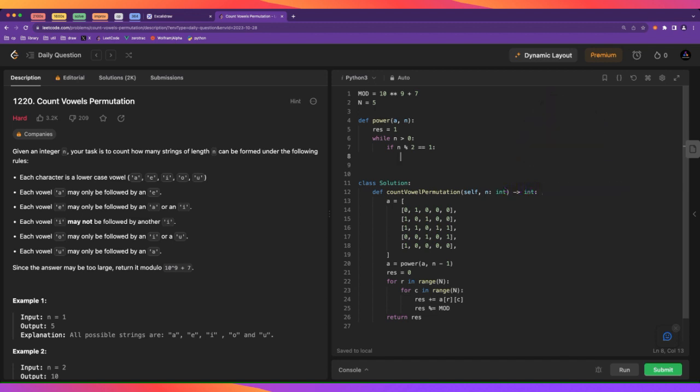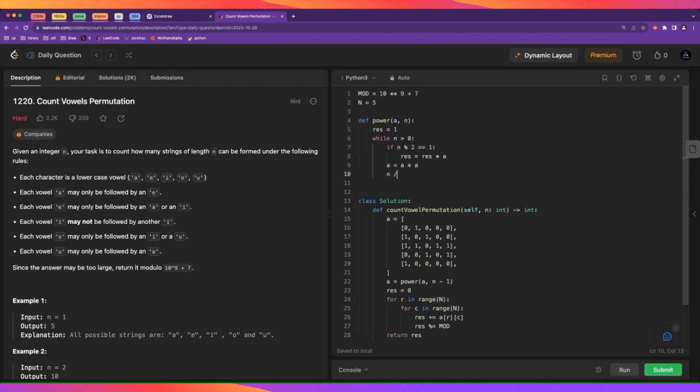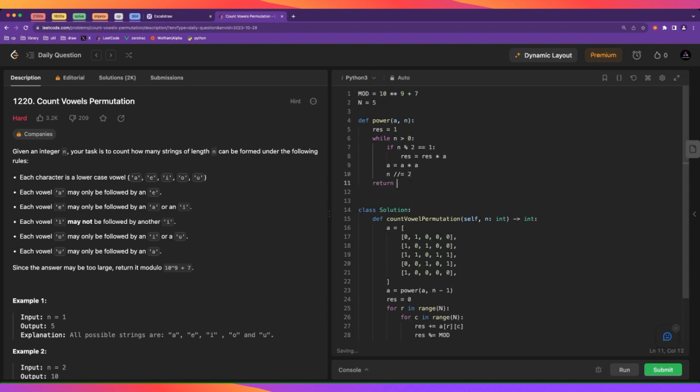Here in this case we want to multiply res by a, and a we want to square, and we want to divide n by 2. So this would be with numbers, okay?